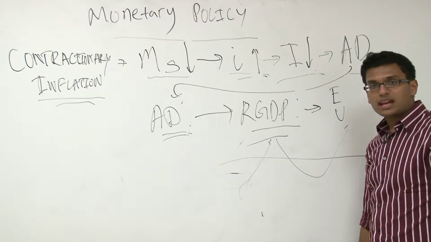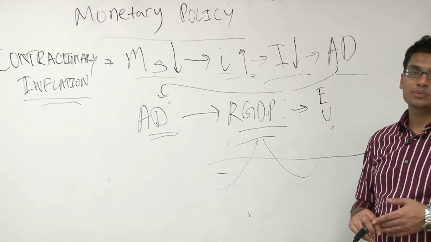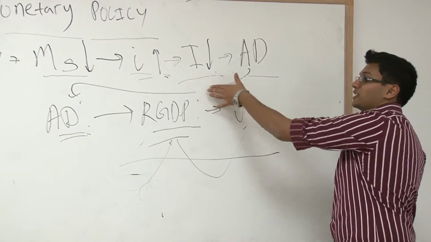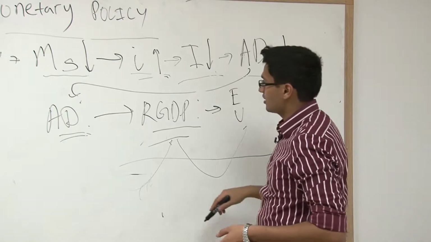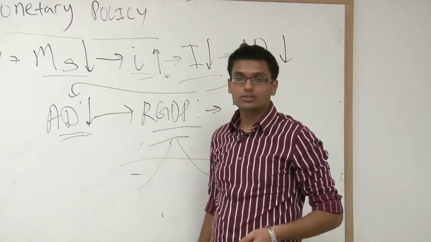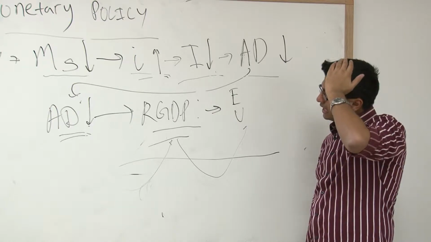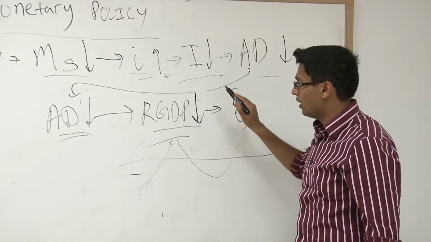So if investment comes down, what happens to my aggregate demand? We said that C, I, G, and net exports all affect aggregate demand in the same direction. So simply speaking, if my investment comes down, aggregate demand comes down, which in this case is actually pretty good, but we have two hurdles to cross, our GDP and employment. If my RGDP goes down, why?